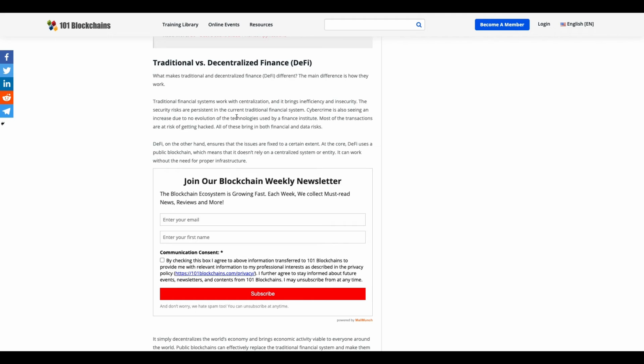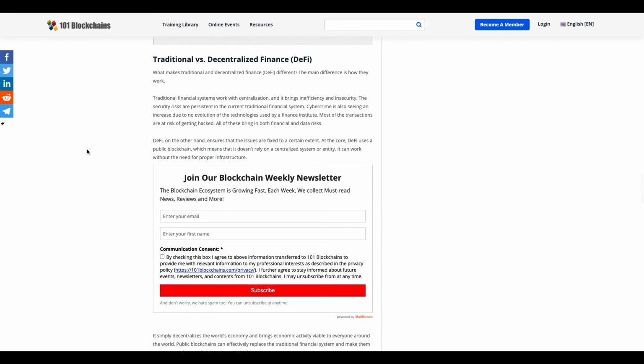Cybercrime is more evident in centralized finance, and transactions are also more prone to be hacked. DeFi is decentralized, and it reduces the lack of security and efficiency.